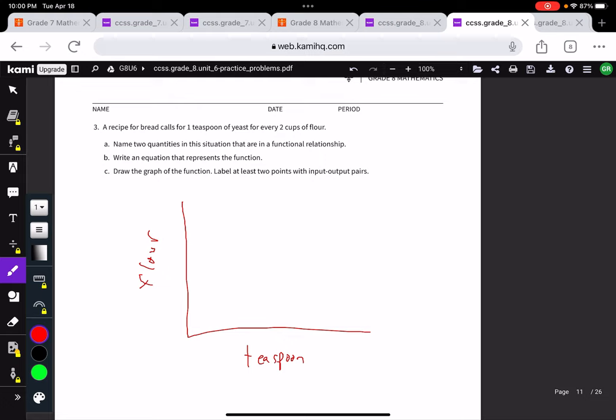Label at least 2 points, though. And it should be pretty straightforward. Don't make this any more complicated than it is, because you don't need to use big numbers here. If 1 teaspoon of 2 cups of flour, don't worry about what 10 or 100. What is 2 teaspoons? What is 3 teaspoons? So I'll let you guys finish the rest from here.